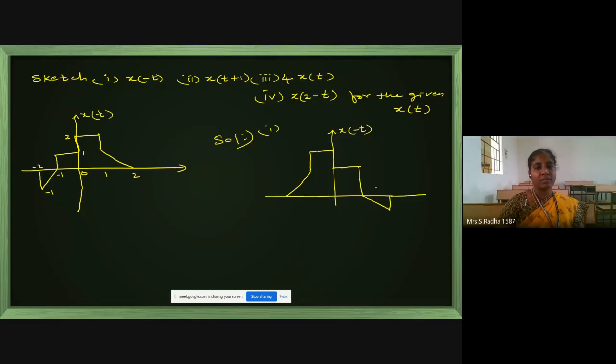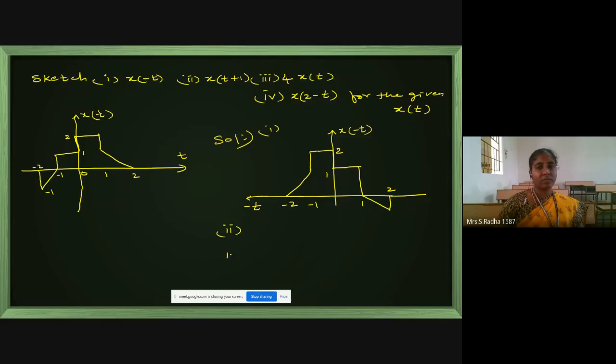This is the diagram. This becomes plus 2, plus 1, and this becomes minus 1, minus 2, and the heights will be 1 and 2. Now this is x of minus t.